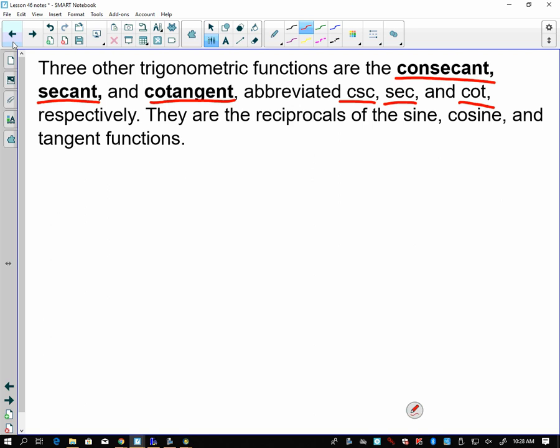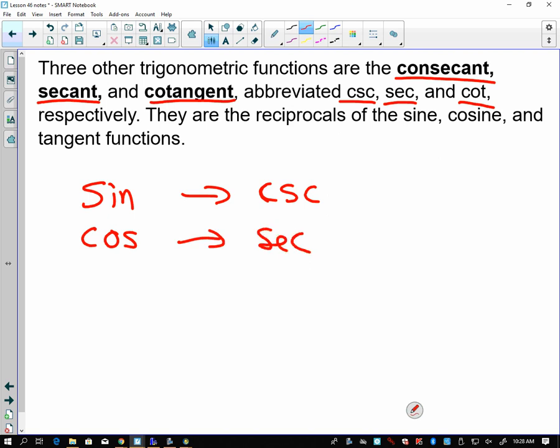Somewhere I'm going to write: sine is to cosecant, cosine is to secant, and tangent is to cotangent.